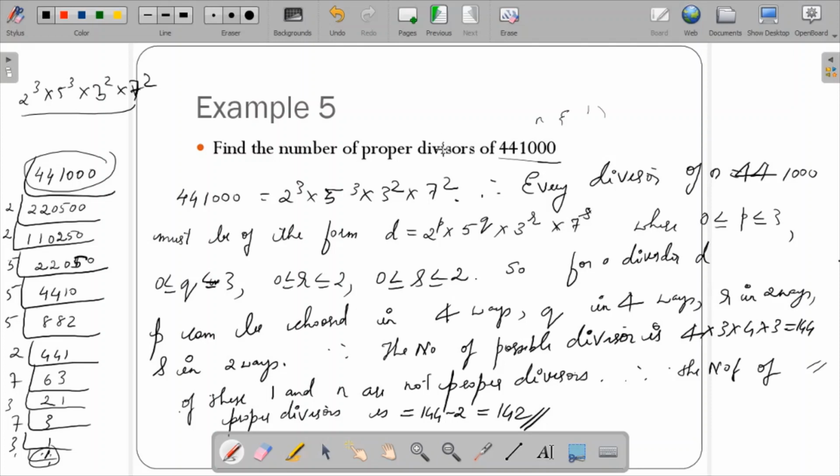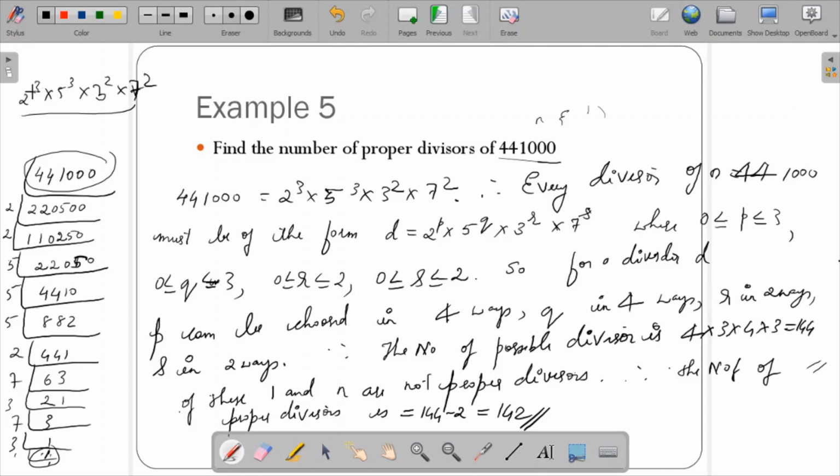So this is how we are going to find the number of proper divisors. I'll repeat. When you find the number of proper divisors, you're excluding n as well as 1. I found all the divisors over here. I got 2 to the power 3 into 5 to the power 3, 3 to the power 2, 7 to the power 2. But actually we are arranging the exponent from 0 to 3.